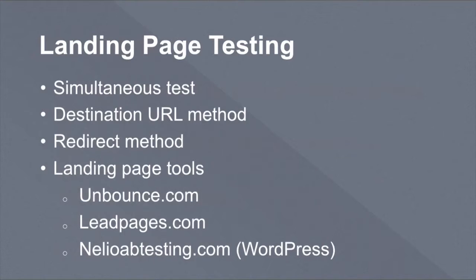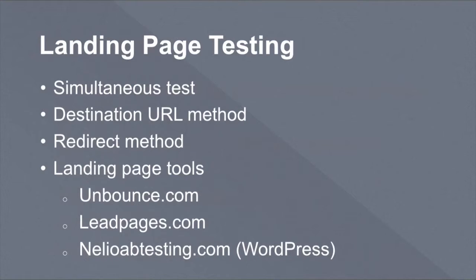All of these tools allow you to split test landing pages, and what they do is when we click on a link, yoursite.com/landing, Unbounce and Lead Pages and Nelio A/B testing will decide which page to show, and they will handle a page rotation to show more than one version. That's fine. That can work absolutely fine. It's a great way of doing it.